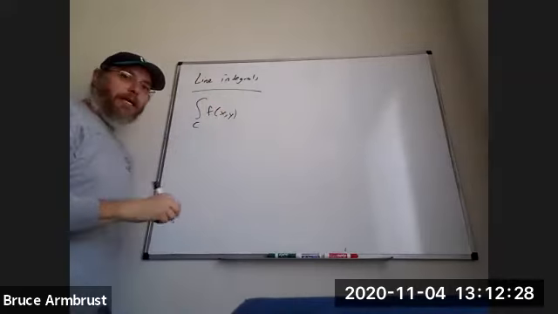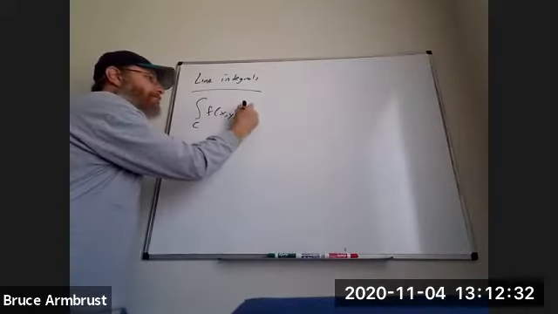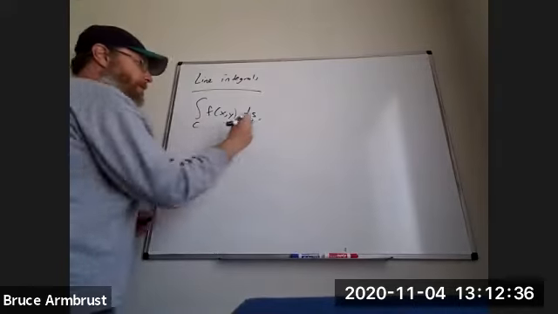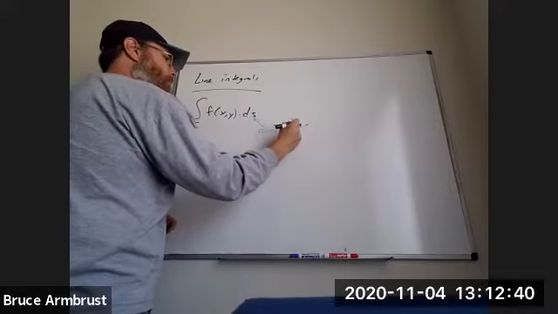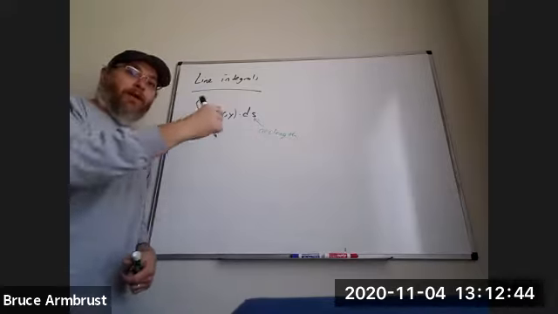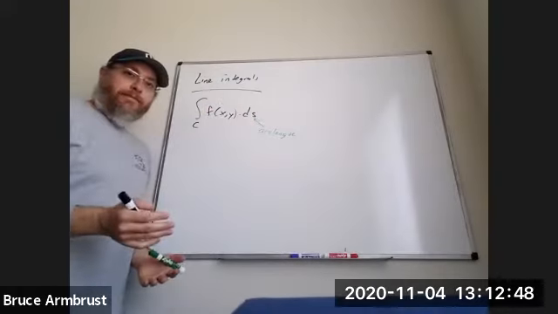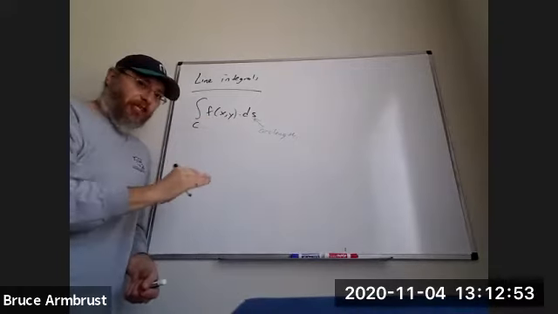I'm going to make it 2D, but it could easily be 3D. We'll have f of x, y times ds. Just remember that ds is arc length. So we're just adding this thing up as we go along the curve, as long as we're told to. All right, so this is what they look like in general.